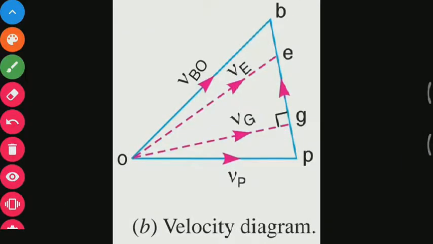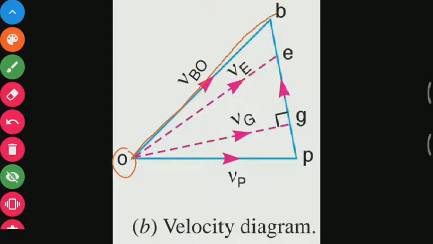Okay, so this is the velocity diagram of the given space diagram. First locate any point O as the pole point. Now draw vector OB as per scale.